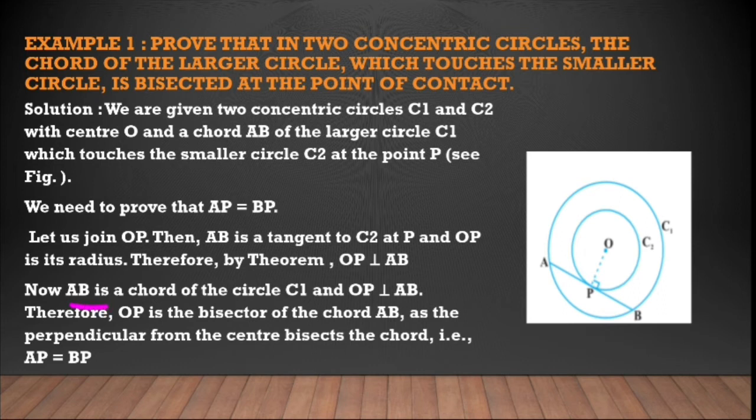Now AB is a chord for the bigger circle and OP is perpendicular to the chord AB. So OP will bisect the chord AB. Since it bisects the chord AB, you can say that AP is equal to PB. So in this way you can prove this example.